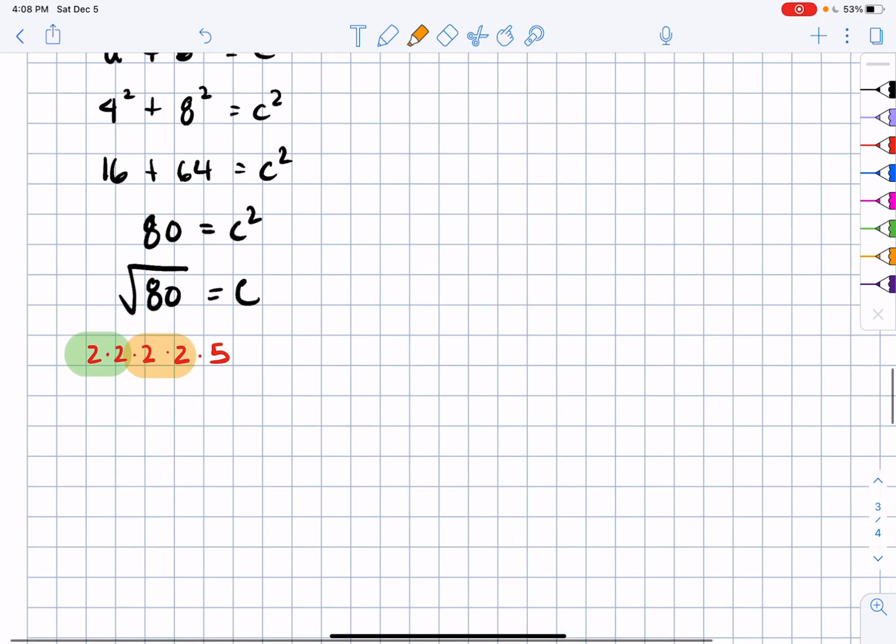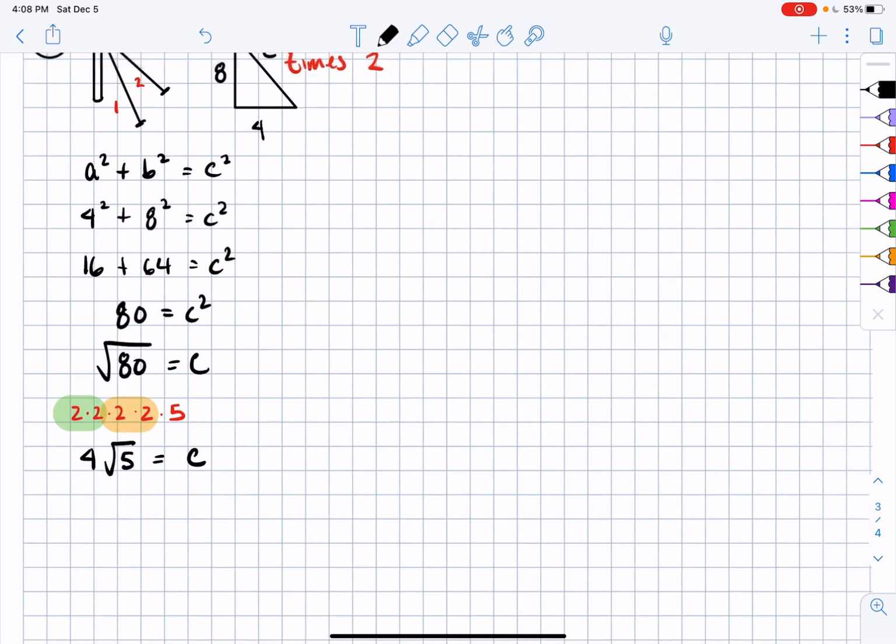So with that being said, c is equal to 4 square root of 5. Okay? So with that being said, there is 2 of those, right? So then what I have as an answer is that I got 2 times that 4 square root of 5, so it's going to give me 8 square root of 5, which is choice D.